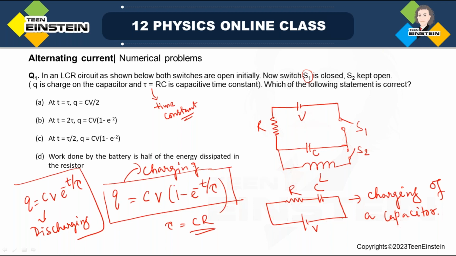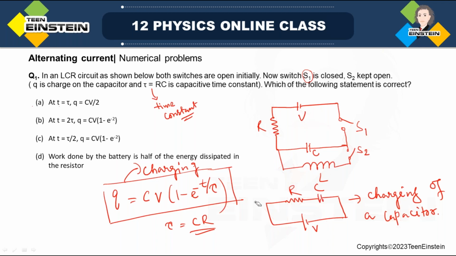So we have been given a case of charging a capacitor, right? Now look here. What is happening? The conditions are here. When t is equal to tau, let us do all these options.